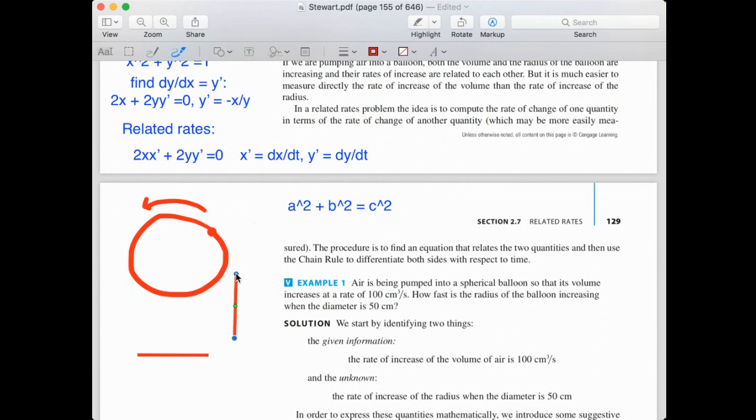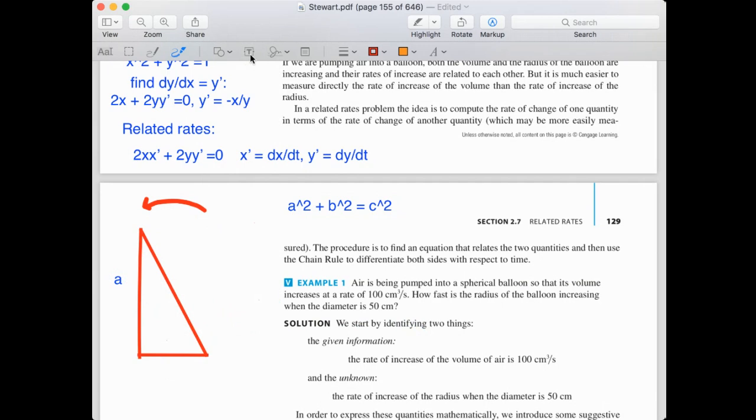I have this right triangle. I call this side A, my altitude, or height.